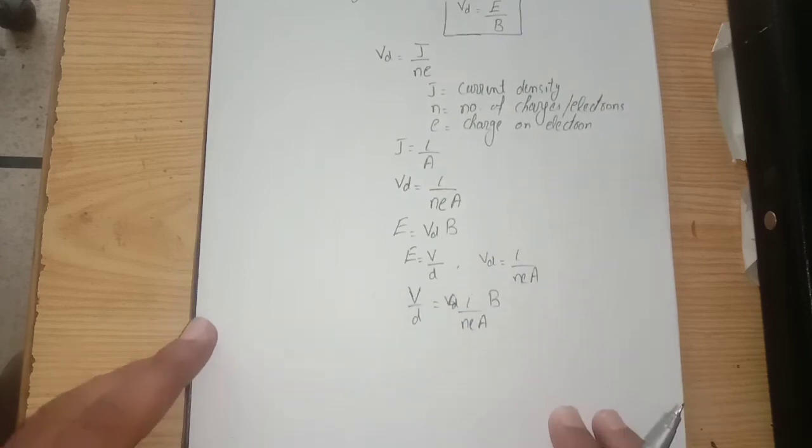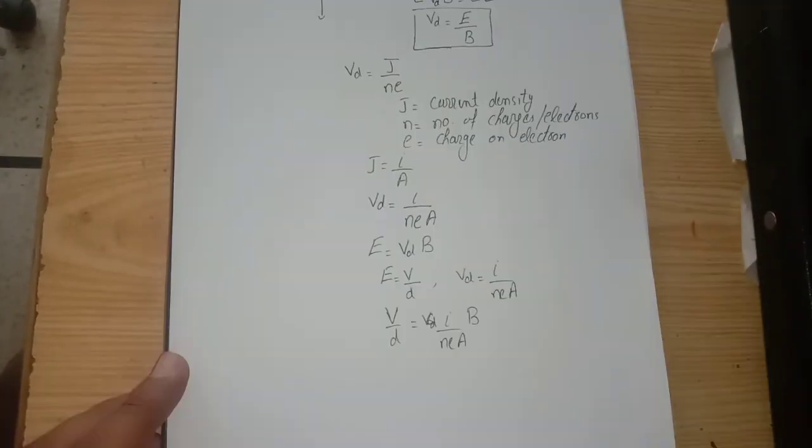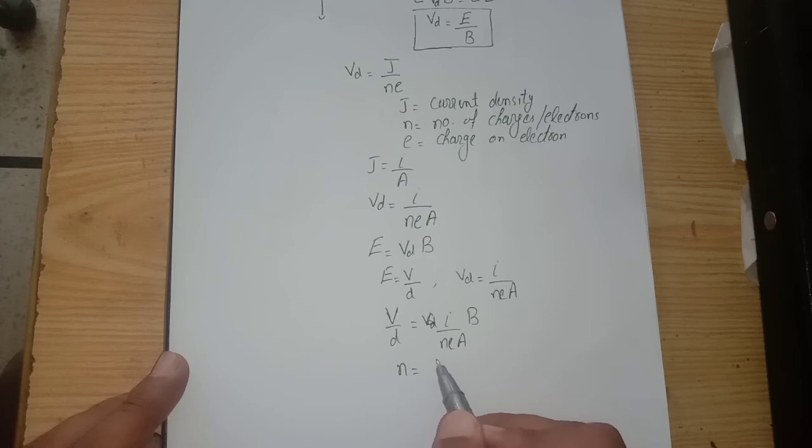Since I am interested in calculating the number density, the number density can be found from this equation to be N is equal to IBD over EAV.